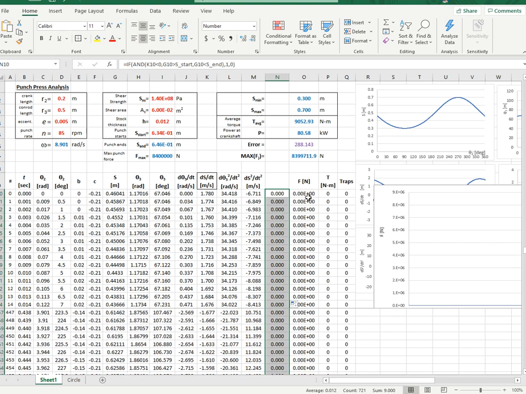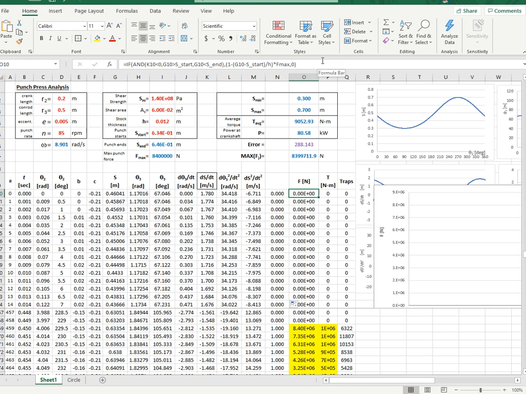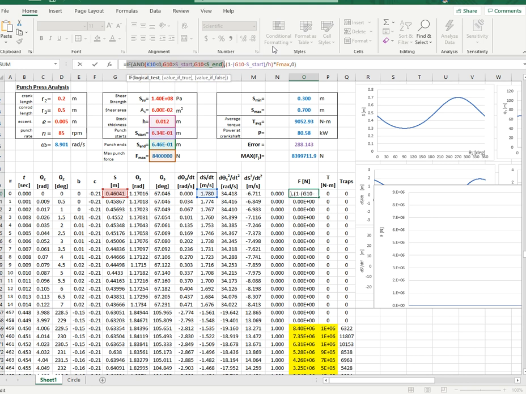And then for the force, here I could have the equation of the linear variation of the force, times this column.